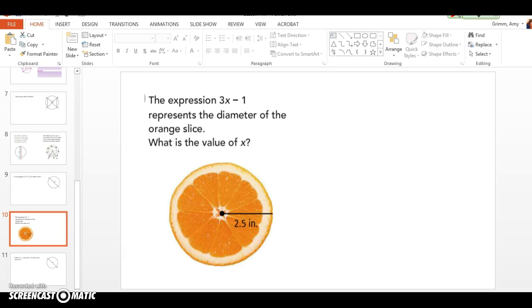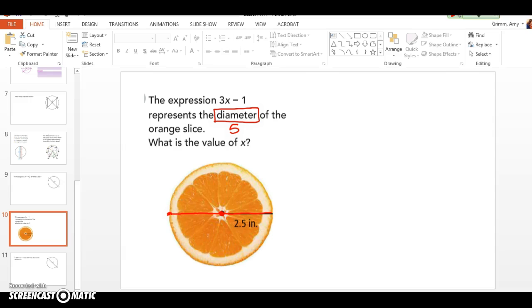Okay, so are you saying I need to figure out what the diameter is? And you just double 2.5? Sure. I don't know what the diameter is, but I know the radius is 2.5. So I need to double that. So how much does that make it? 5. So the diameter is 5.